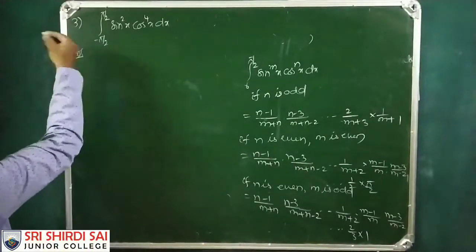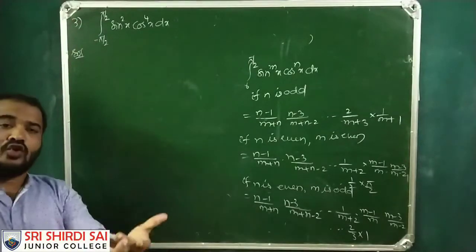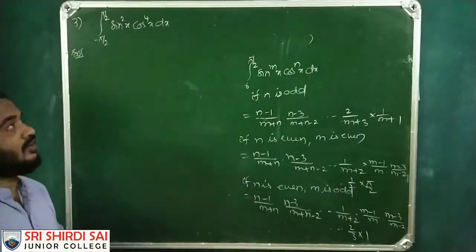So this problem, minus pi by 2 to pi by 2, again not in the regular limits 0 to pi by 2.